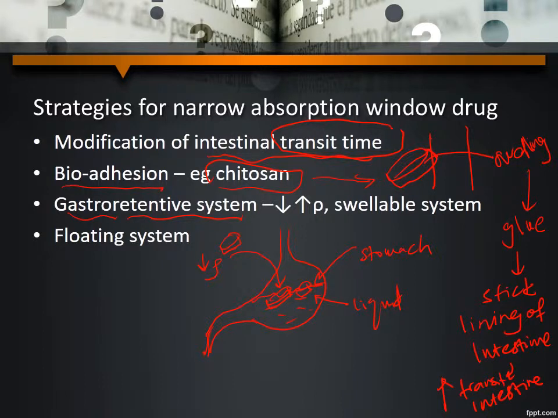Because of the swellable system, they swell and become bigger, so they cannot pass through the duodenum.